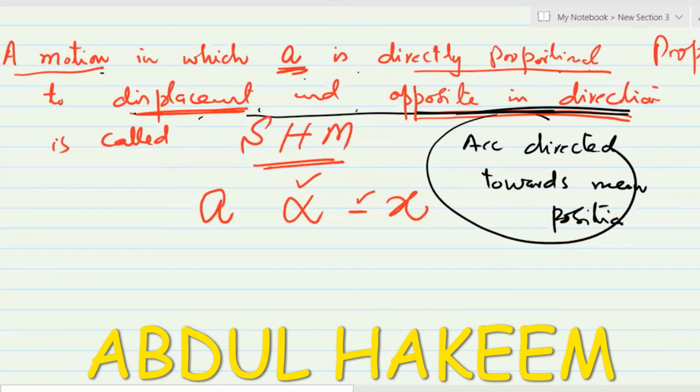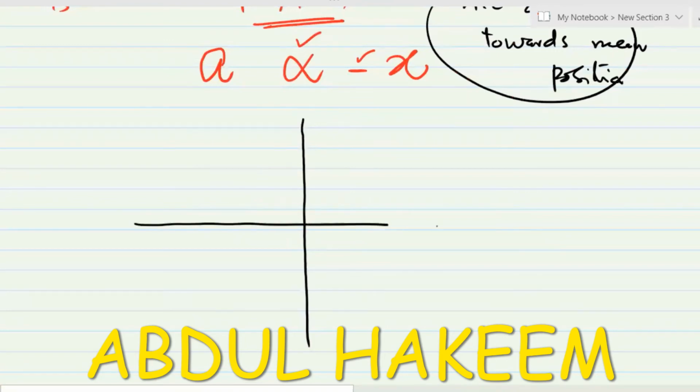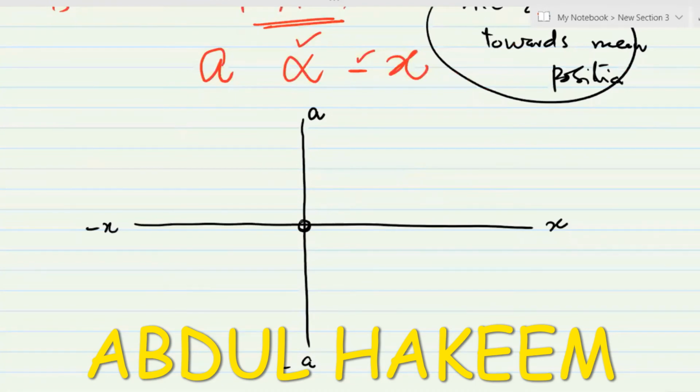Okay, now both are directly proportional, so a straight line passing through the origin. This is acceleration, this is displacement, both are vectors. So due to direction, positive and negative on both sides, this is 0. So a straight line passing through the origin. But the problem is, this is a negative sign. The negative sign says when displacement is positive, acceleration must be negative.